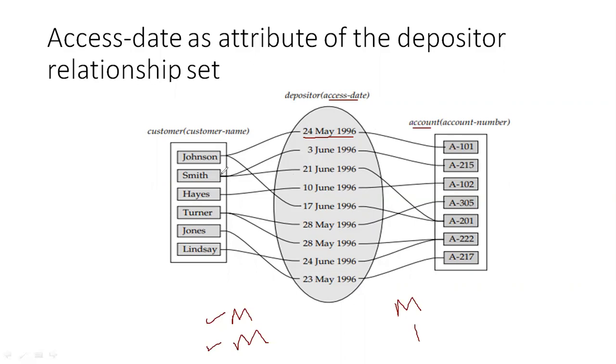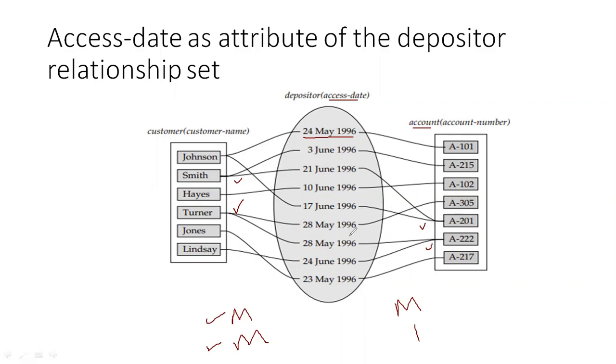But Smith is accessing accounts on 3rd June as well as on 21st June: 3rd June A215 and 21st June A201. So you can see many accounts here.